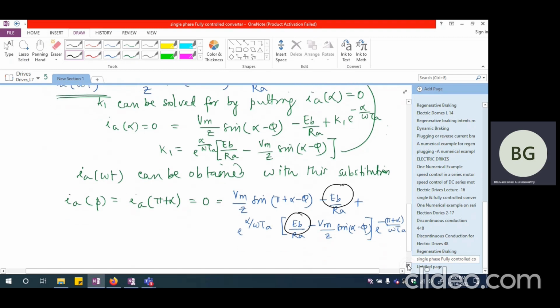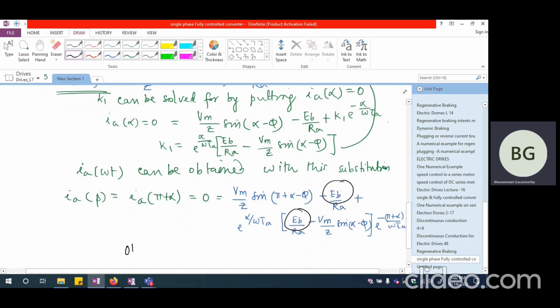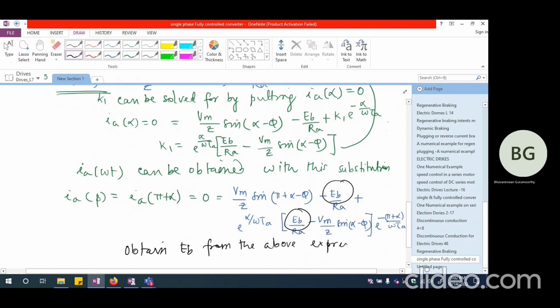So obtain E_b from the above expression, that is, i_a(π plus α) equal to 0.